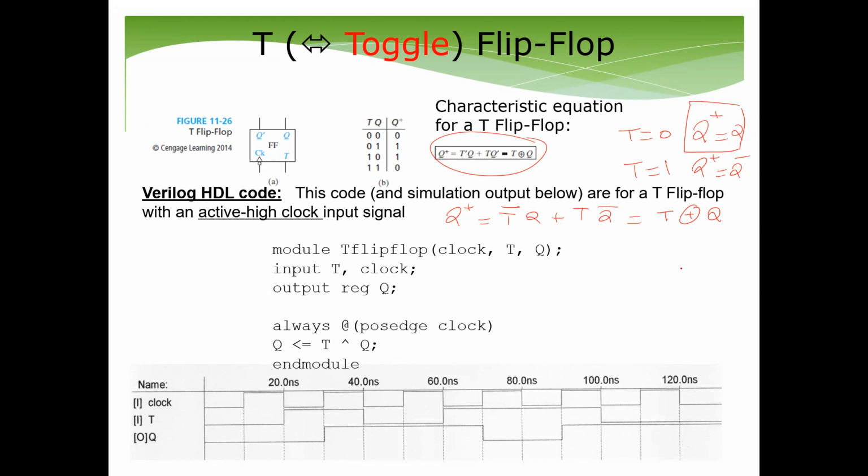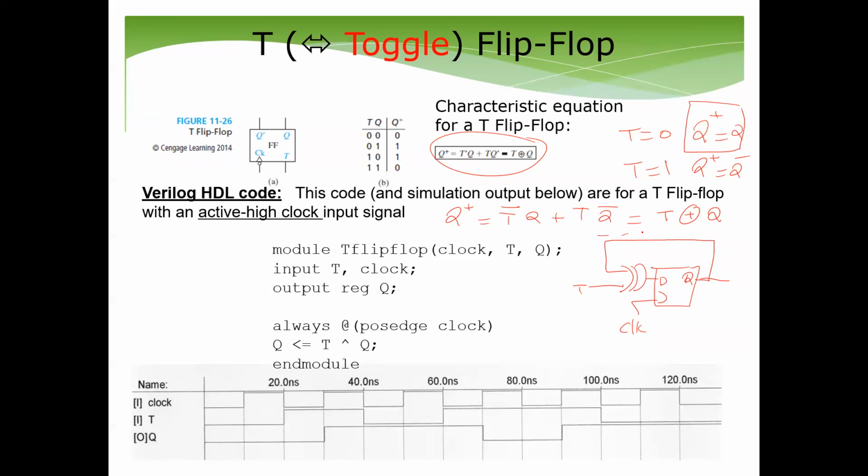Okay, so you can use a D flip flop for that. If you have a D flip flop, what you can do is take Q, take T, XOR them together, and apply it to the input D. And this is clock.